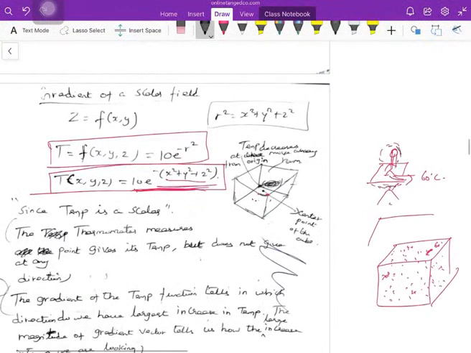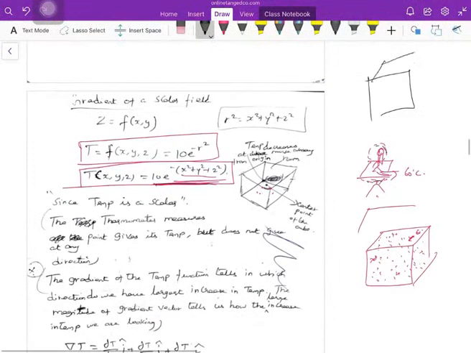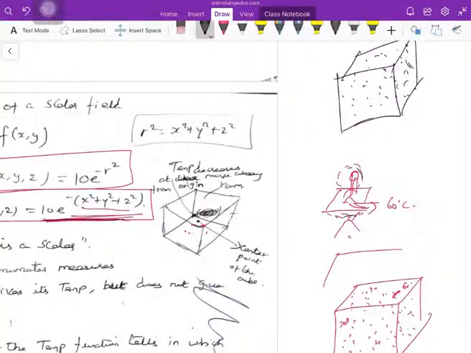Now, there is a room, and inside the room this is my temperature function. Each and every position in the room has some temperature. Based on this function, I can calculate the temperature at each and every position of the room.